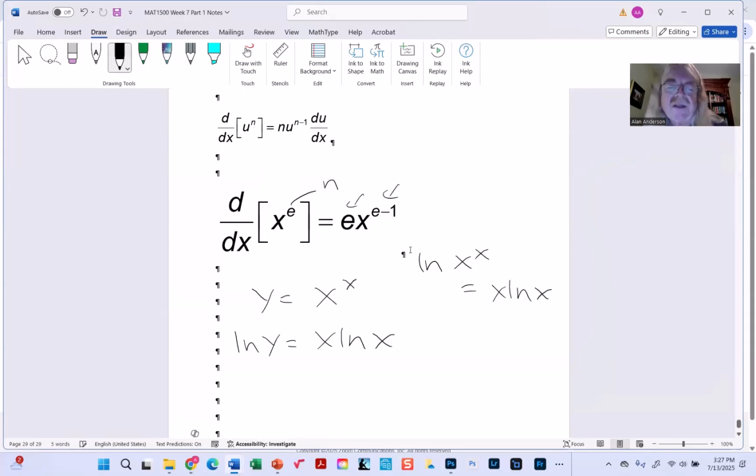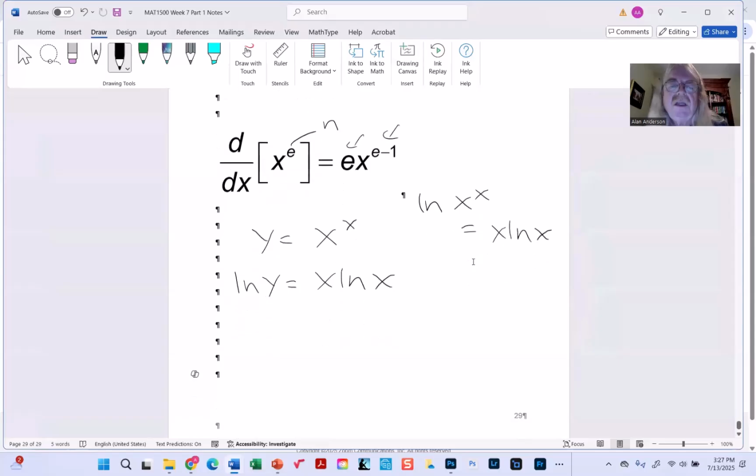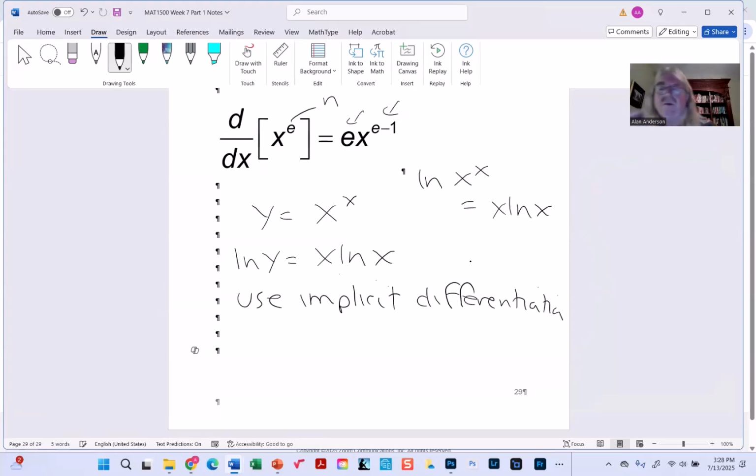Now, when we differentiate it, we're going to use implicit differentiation, which we've seen before. Because the function is not y equals some function of x, it's log y.